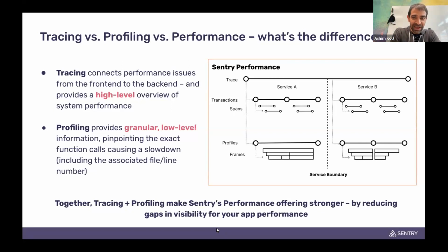What that didn't provide up until now was specific visibility into what code is being run, like what is the actual line of code being run within a particular span. And that's where profiling comes in. So the Sentry performance offering today offers tracing supplemented with profiling, such that when you examine a particular transaction and span, you can see what the actual code being run is.